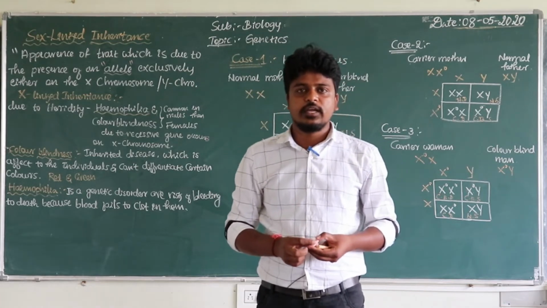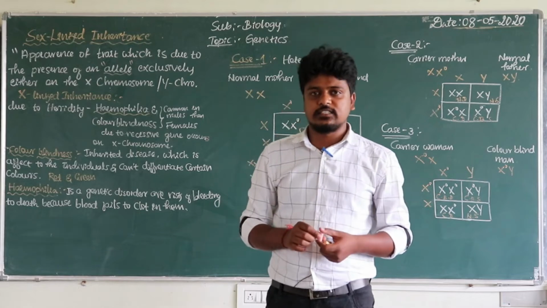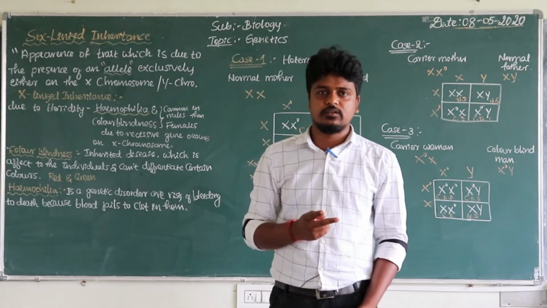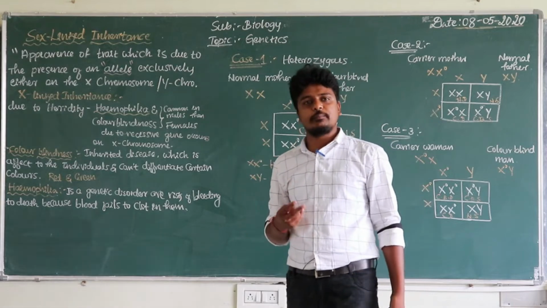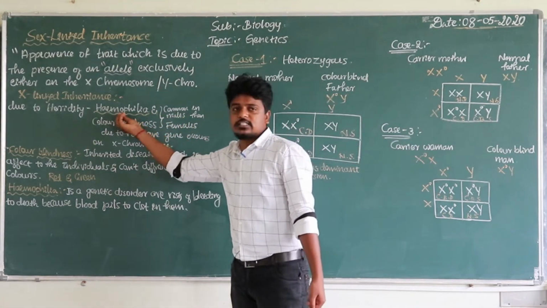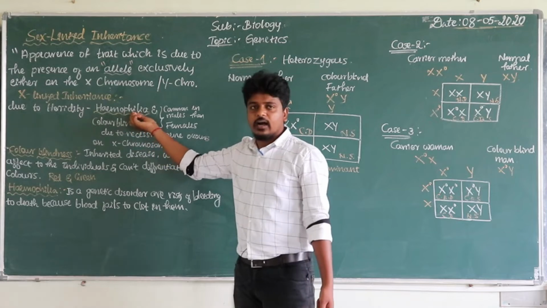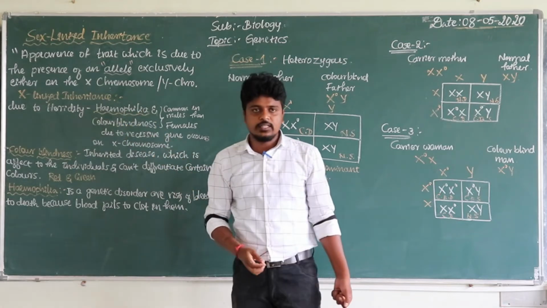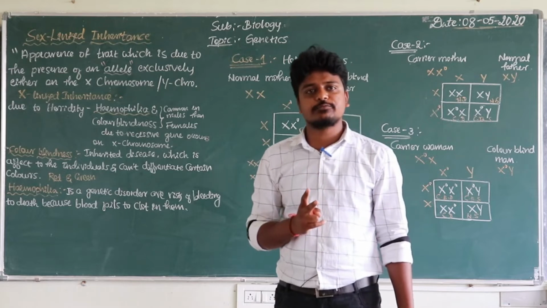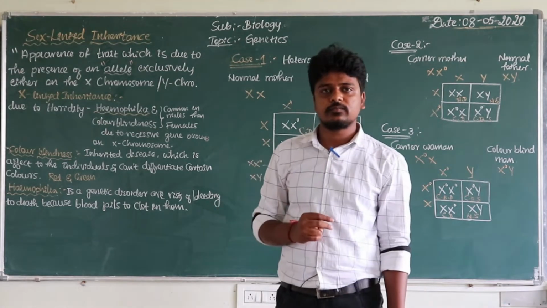In such cases, there are mainly two diseases. They are major diseases which can affect newborn babies also. Have you understood? The two major diseases are hemophilia and color blindness. These are the two major genetic diseases which can be transferred from the parents to the offspring.